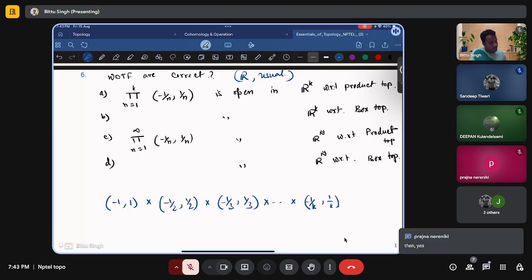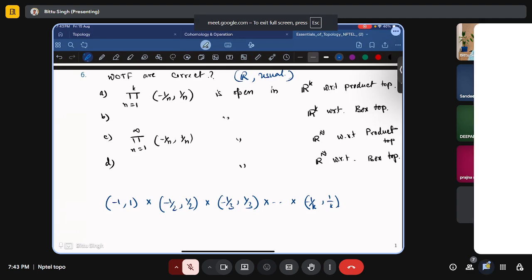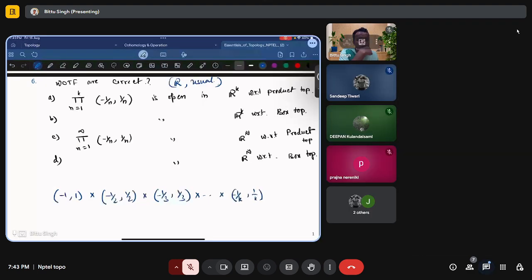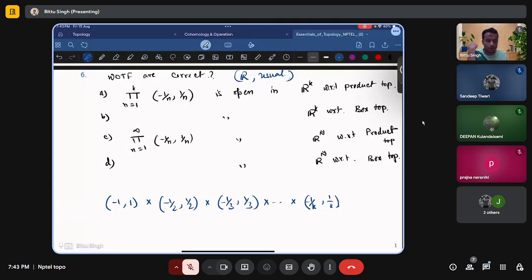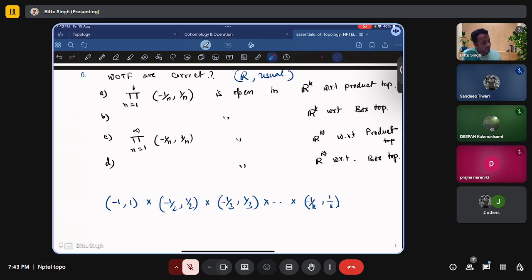So what about the first one? Is it open in product topology? Yes, exactly. Because for a finite product, R^k means the product of R k many times.